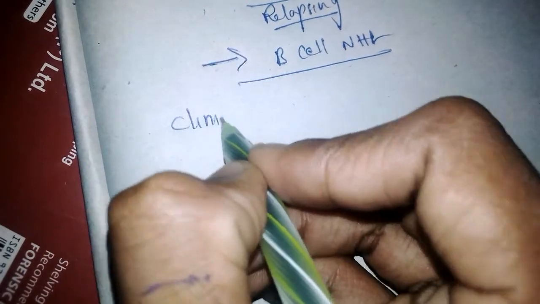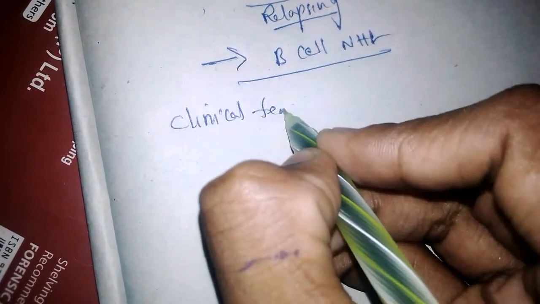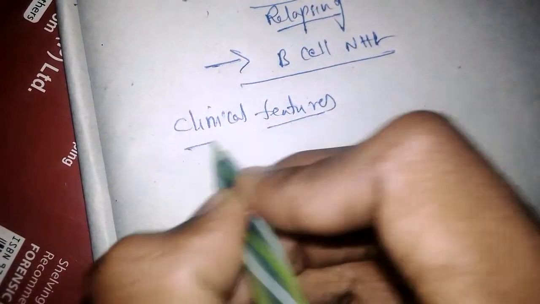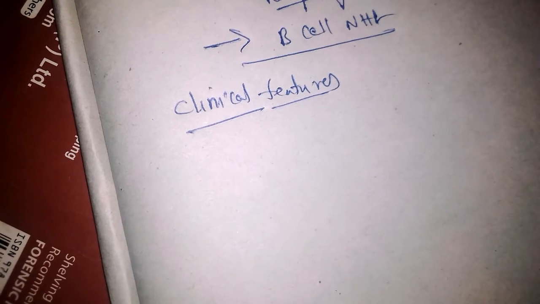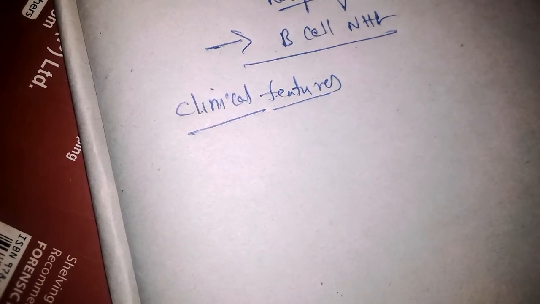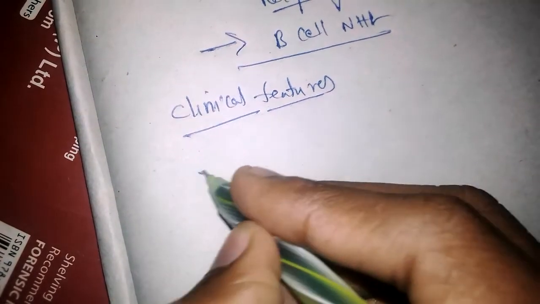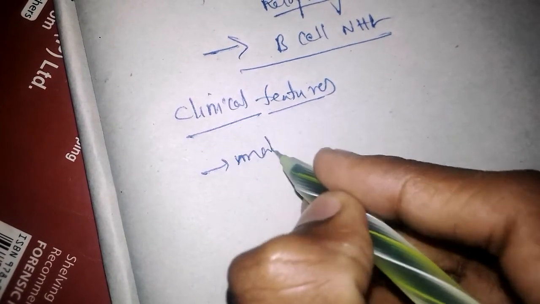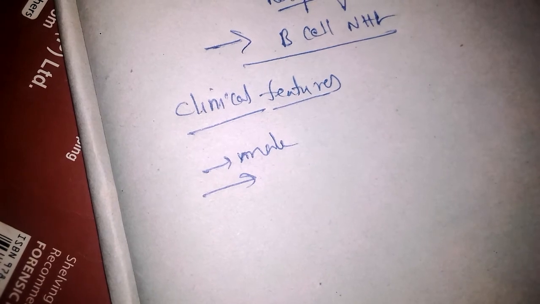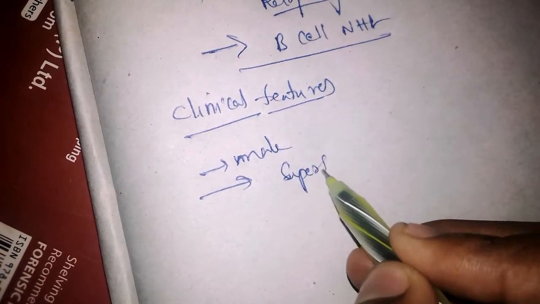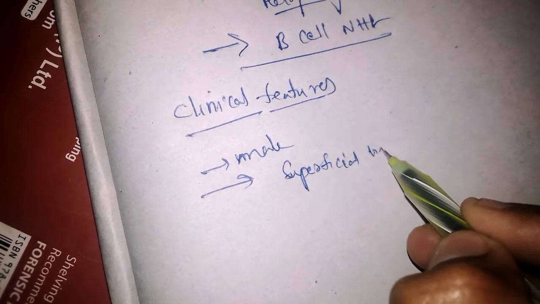Then we'll move to clinical features. I told you this is very common in young years, right? 15 to 45 years of age, and then they are common after the fifth decade also. Moreover they are more common in males than females. Most often they initially involve superficial lymph nodes.